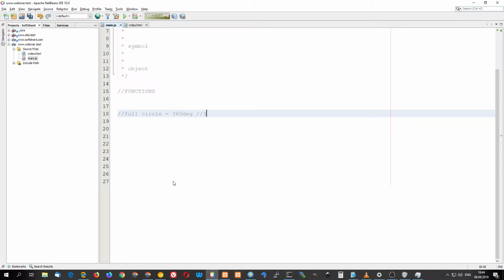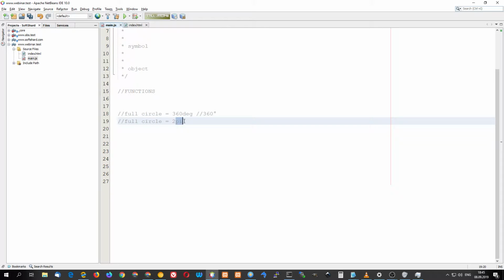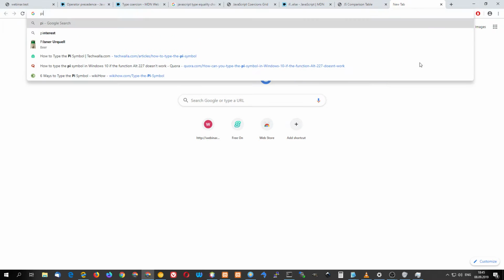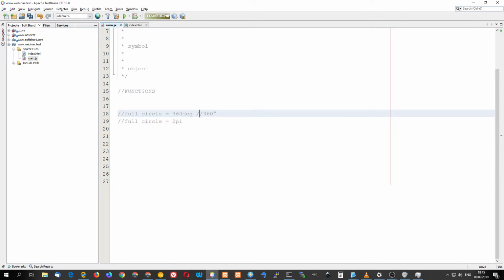Or the full circle equals 2 pi, where pi is the Greek letter pi, in radians. Radians have to have a value.